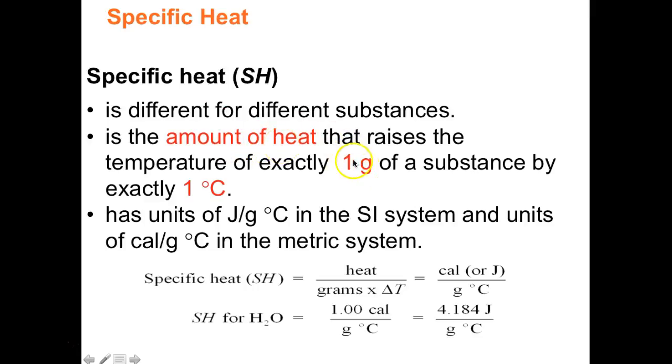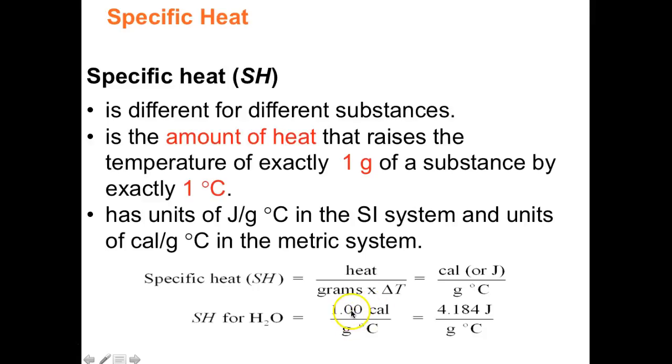So if I had just 1 gram of water and I wanted to change its temperature from, say, 21 to 22, by 1 degree centigrade, the amount of heat I needed to change the temperature of exactly 1 gram of water by 1 degree centigrade, that's the specific heat, and that's 1 calorie for water. So that's quite high. So 1 calorie for 1 gram of water to change its temperature by 1 degree centigrade, okay?